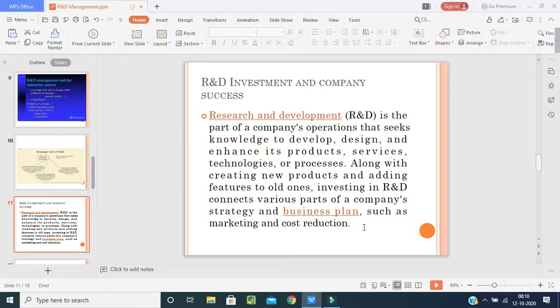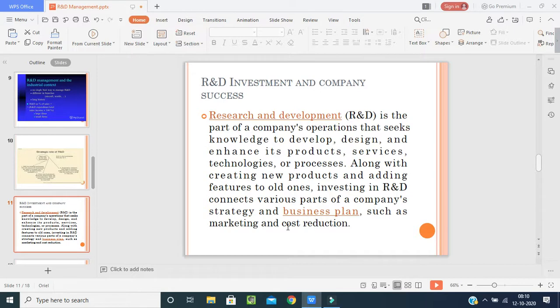And investing in R&D connects various parts of the company strategies. What company strategies are there, how are we getting the information from the marketers, as we discussed in the last class, that is how the marketing data will be collected. Depending on the data, they will do the research on it, or they will develop new strategies, and depending on these new strategies the business plan will be there before launching.